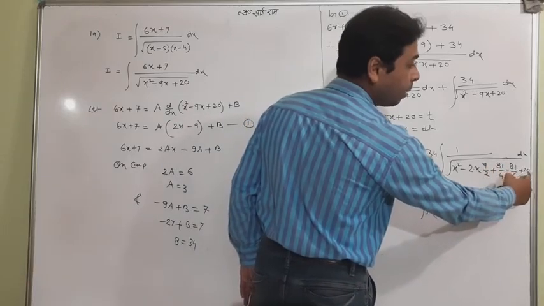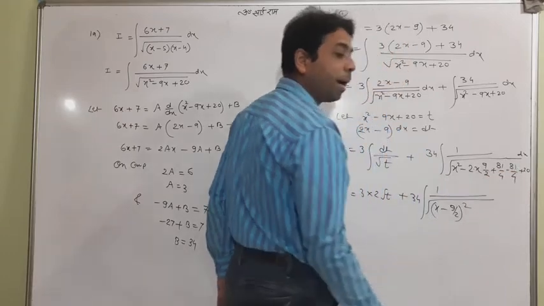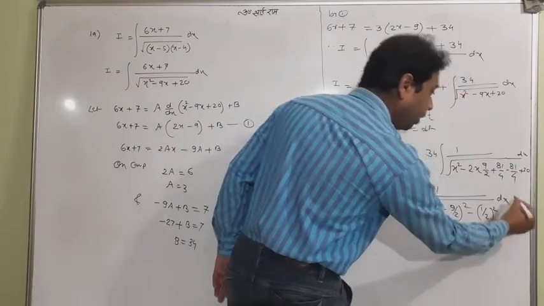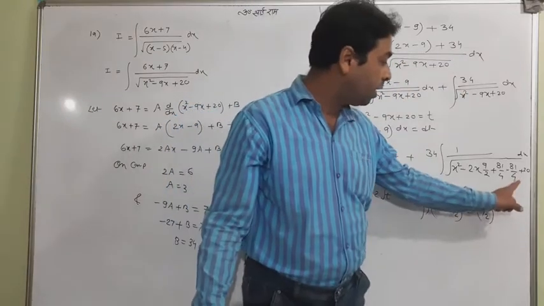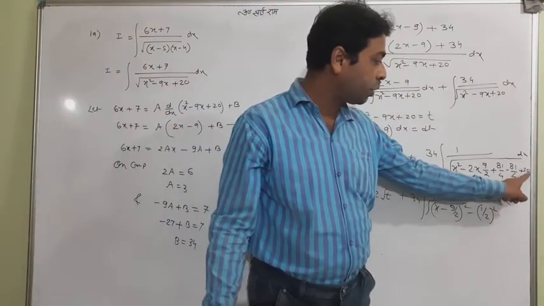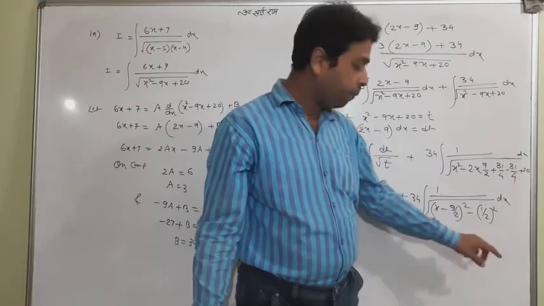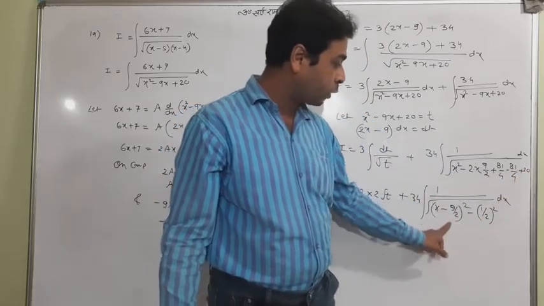After taking LCM, 80 and 81 give −1 by 4, meaning minus (1/2) square. One can do it very easily.